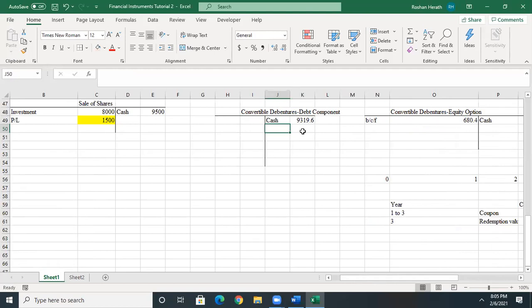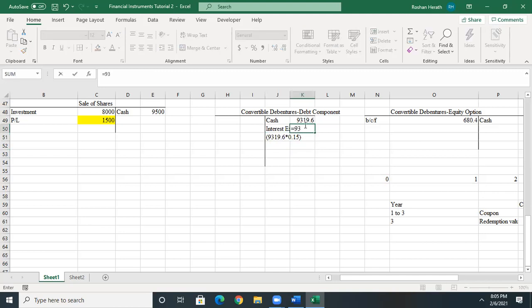If it is a liability, you need to take the amount outstanding at the beginning of the period, take the interest expense at the effective interest rate, 9,319.6 into 15%. That is your interest expense. You get it, 9,319.6 into 15%.